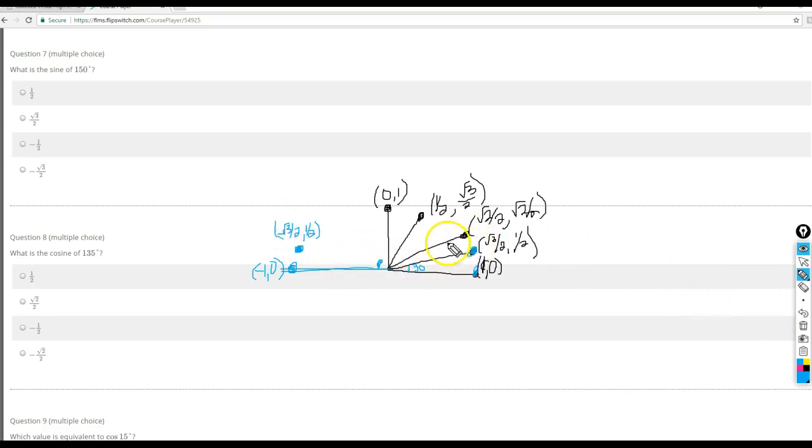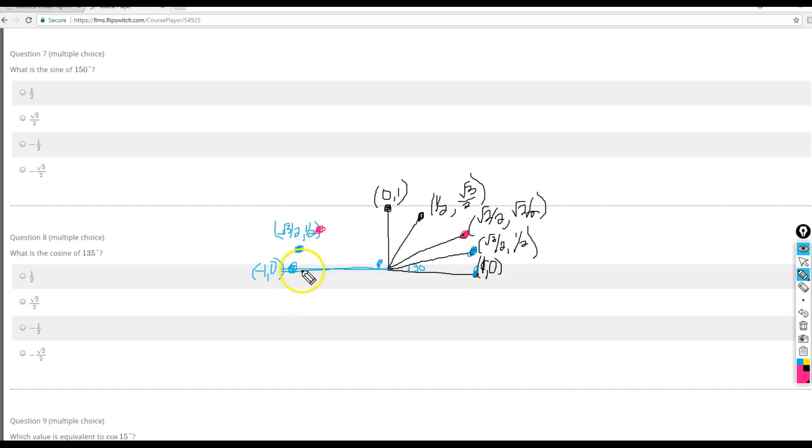And then if I wanted to reflect this point, the 45 degree reference angle one, it would be at 135, because I'm going back towards the 90, so I know I'm going to subtract 45 from 180. So this would be the 135 degrees. I started from 0 degrees going this way.